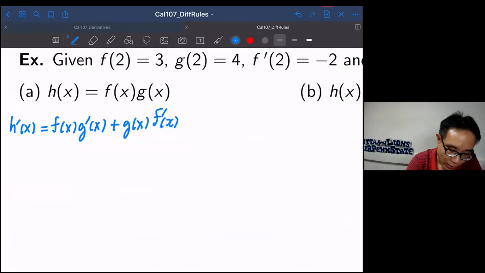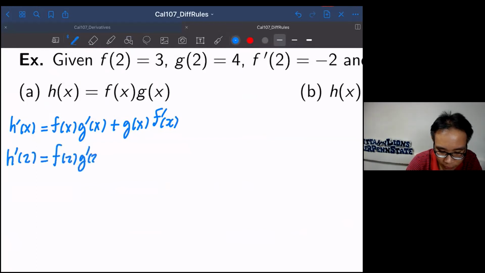So h prime 2 equals f(2) g prime 2 plus g(2) f prime 2.